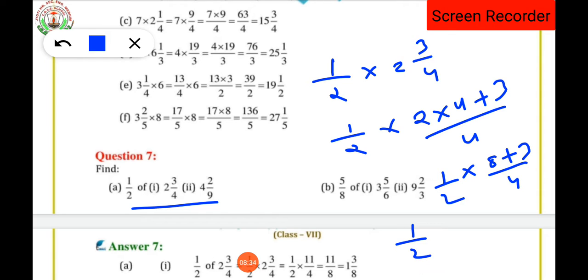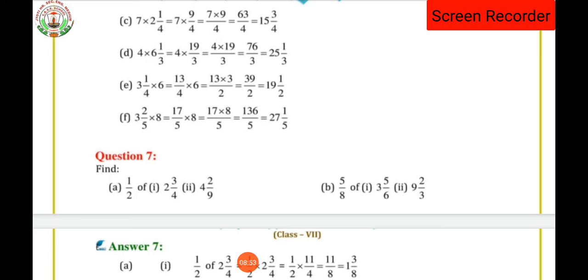Then 1 by 2 into 8 plus 3, how much does it become? 11 upon 4, isn't it? So here it becomes 11 upon 8. Now 11 upon 8, if we want to change it into a mixed fraction form, it will become 1 3 by 8. Clear? So in this way you have to find out.